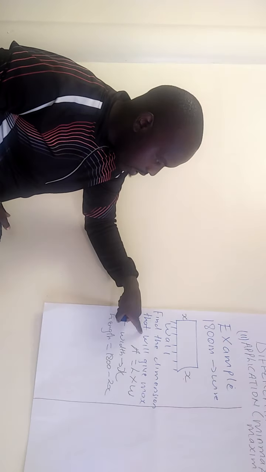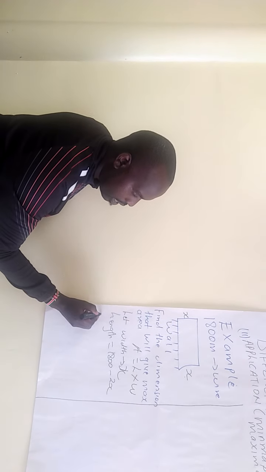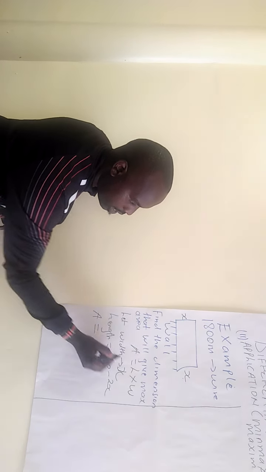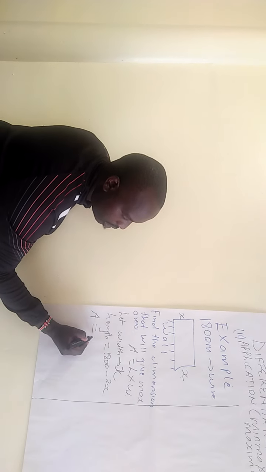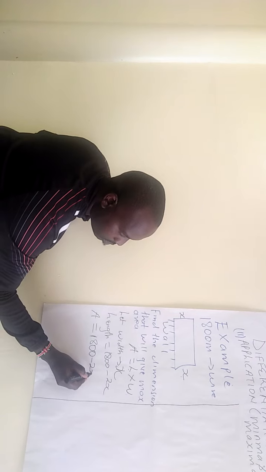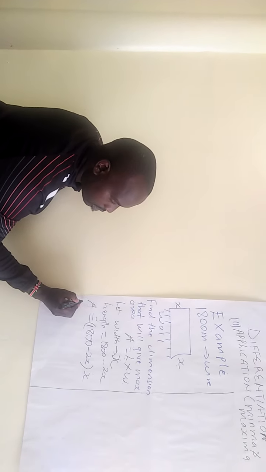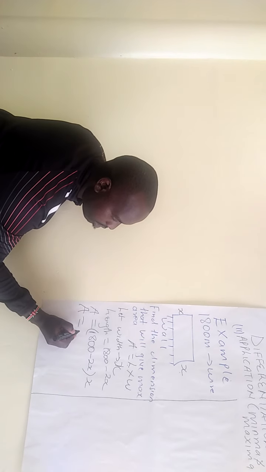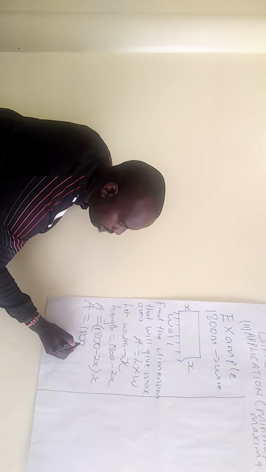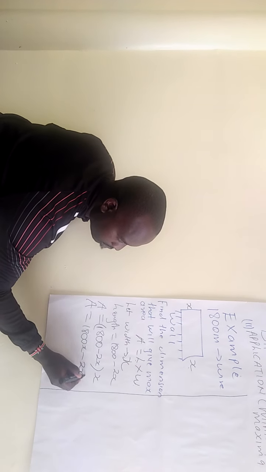We want the dimension that will give maximum area, so we need an expression for area. Area is length times width. So this is 1800 minus 2x, multiplied by the width, which is x. So our area will be 1800x minus 2x squared.